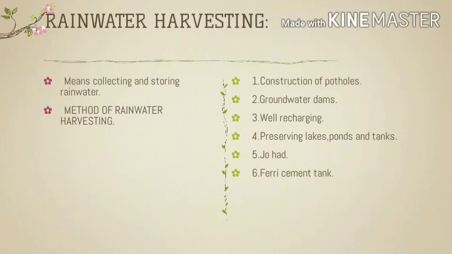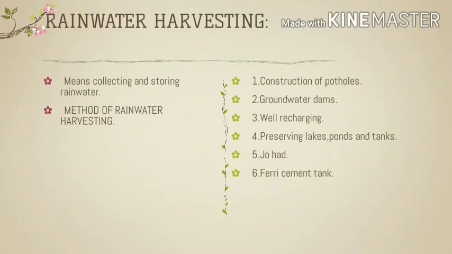So rainwater harvesting, what is it? It is collecting and storing of rainwater. When rainwater is stored and collected, that is known as rainwater harvesting. The basic principle of rainwater harvesting is to catch water where it falls. You have to catch water wherever it is falling.